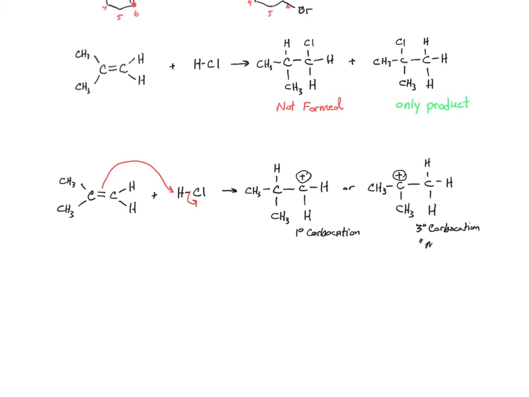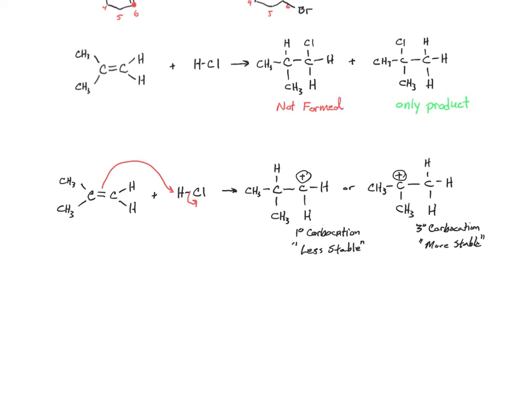And we know that that's going to be more stable, at least relative to the primary carbocation. In fact, anytime you see somebody write a mechanism that involves a primary carbocation, you should start questioning what they know about what they're doing. Now I'm going to have to be careful when I write my mechanisms in front of you folks.